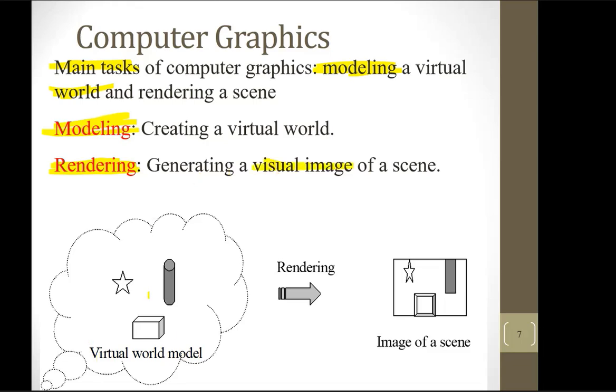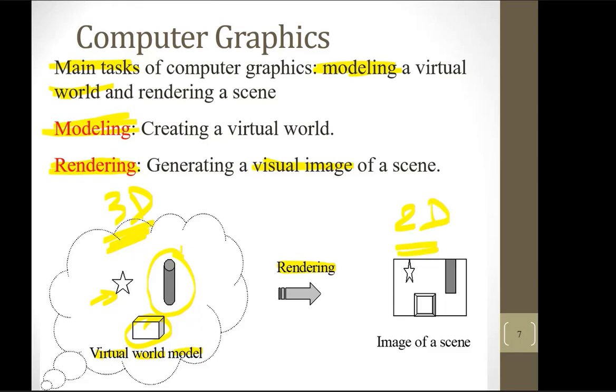For example, here we have a 3D virtual model. We have a cube, a star, and a cylinder. This is a 3D virtual world. Now if you want to generate an image, we call this the rendering technique. By making the rendering, you can see that here we have just a 2D image.